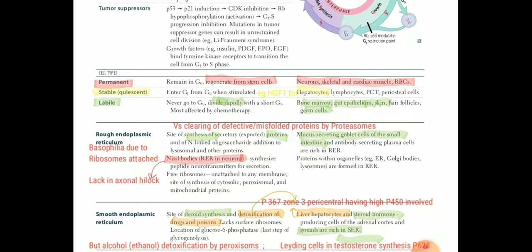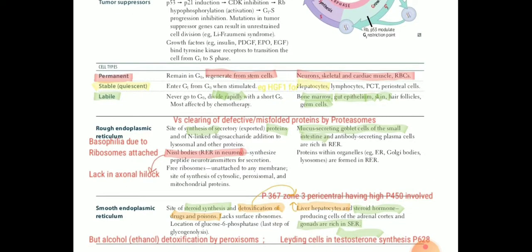And then one thing confusing here is that germ cells are labile, as they keep regenerating from other germ cells. And stem cells are the pluripotent cells, for example in bone marrow, the bone marrow stem cells. It is written here that permanent cells regenerate from stem cells, so we shouldn't confuse that stem cells are permanent cells.